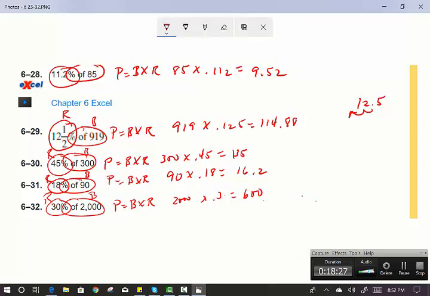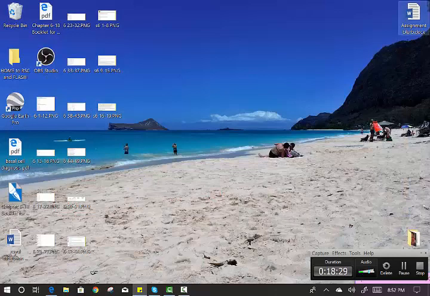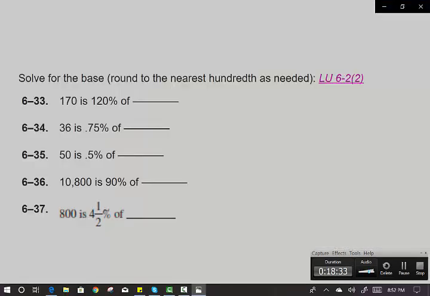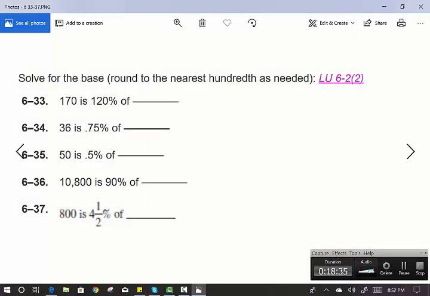Okay, let's go ahead and look at the next section, beginning with number 33. And this one we're solving for the base.